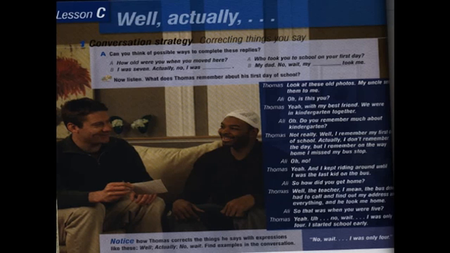Okay? Is it clear? إن شاء الله تكون الأمور واضحة لكم جميعا. Now we have an exercise here. Complete the questions by correcting the underlined words.